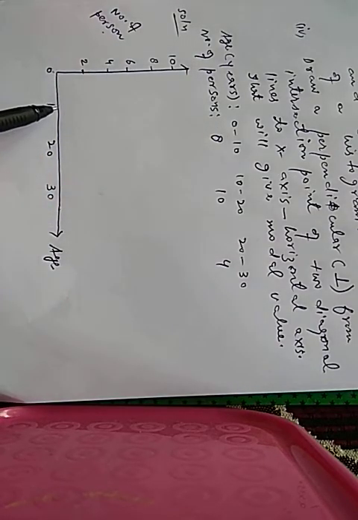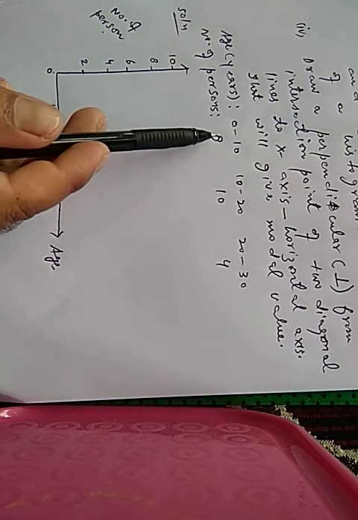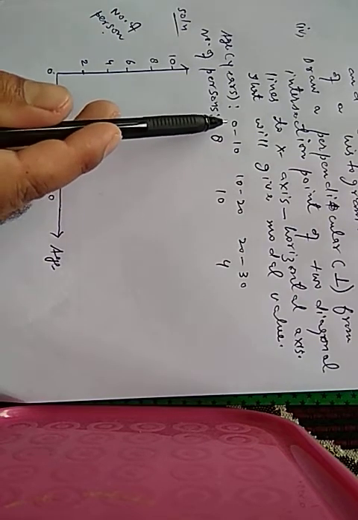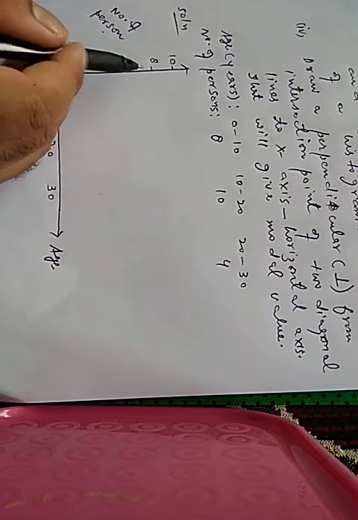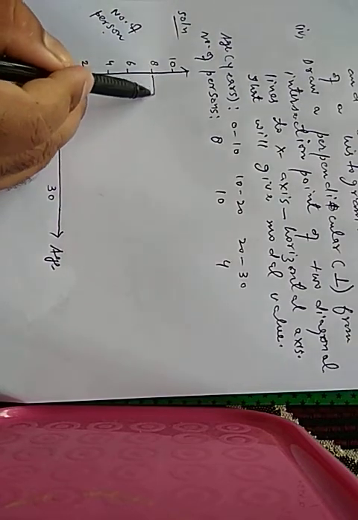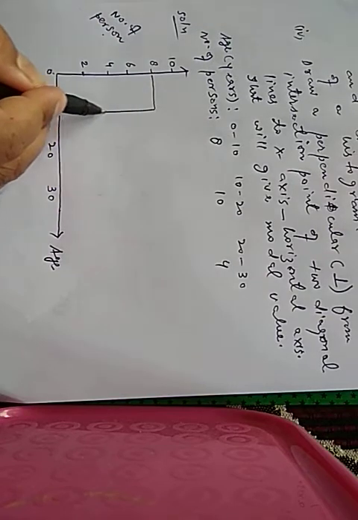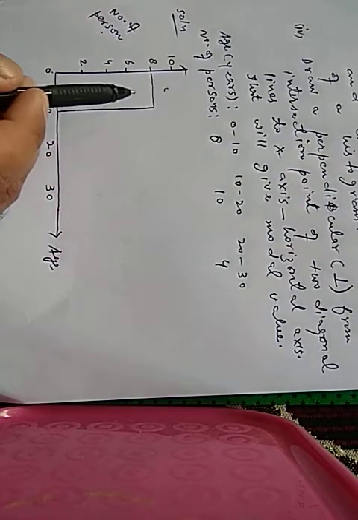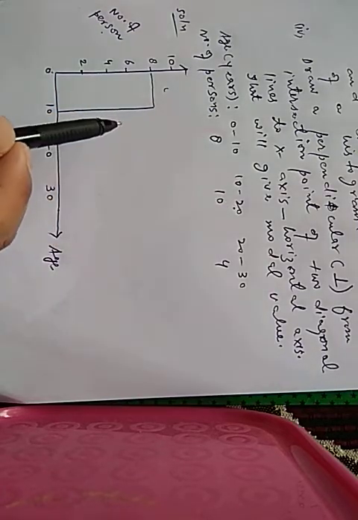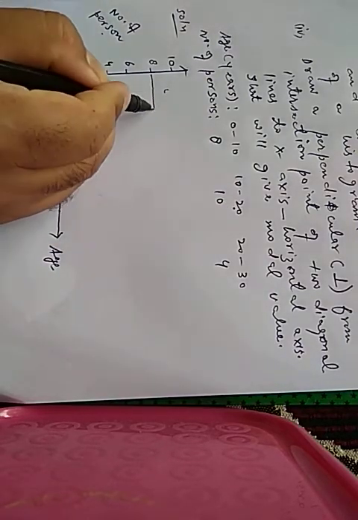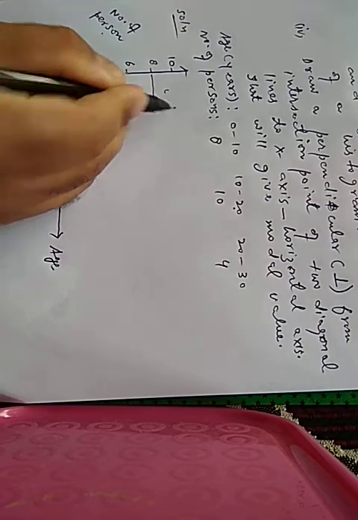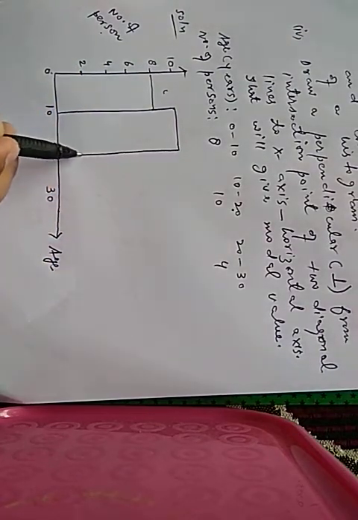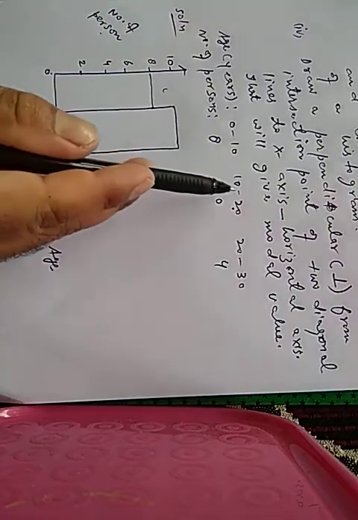0 to 10, there are 8 persons whose age lies between 0 to 10 years. 10 to 20, there are 10 persons. We'll extend this line up to this value 10, and on horizontal axis showing the value of variable 10 to 20 years.